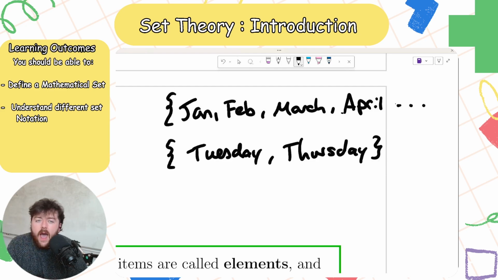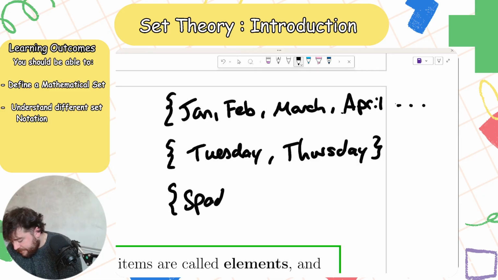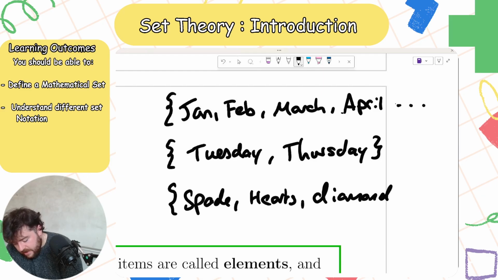We could also have like the set of suits in a deck of cards. So you can have spades, have hearts, you can have diamonds, or you can have clubs, right?